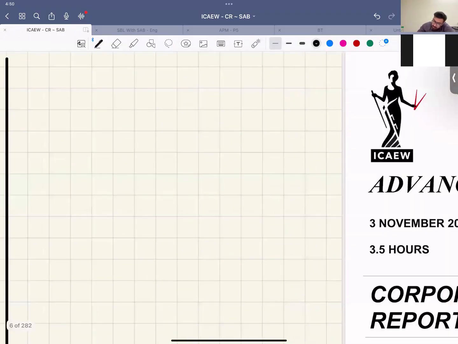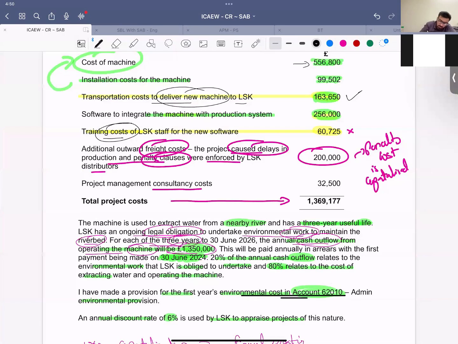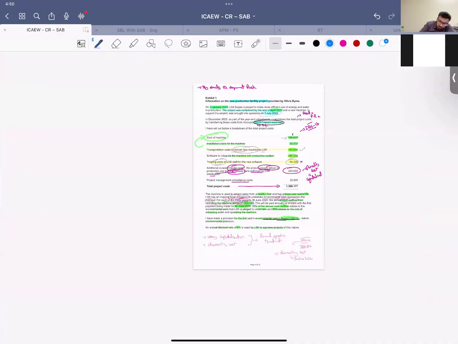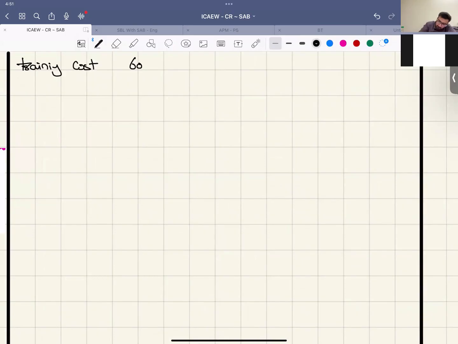Now comes the dispute, that's training cost. It's wrongly capitalized. So we should be writing: this cost is wrongly capitalized and should be expensed out.